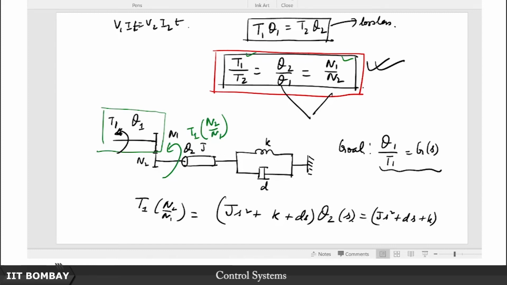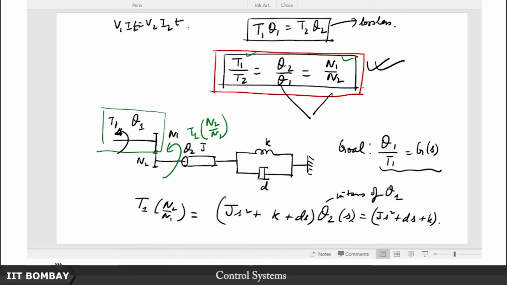If this inertia block is being rotated by theta 2, then with respect to the datum, both K and D, the spring and this dashpot, are being rotated by theta 2 itself. So that is why we have this equation. Now I want to replace this theta 2 in terms of theta 1, and this relation will come in handy.